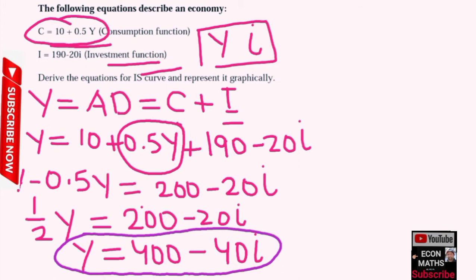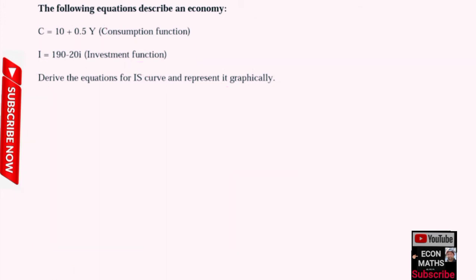Now we will represent it graphically. For that, I will delete this. To represent this graphically, let us write this IS equation, that is Y is equal to 400 minus 40i.